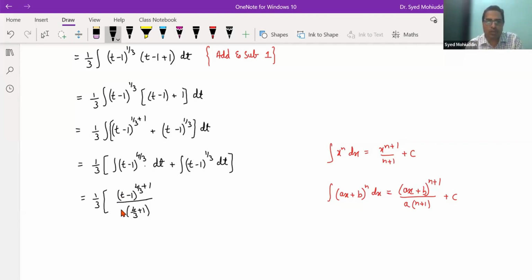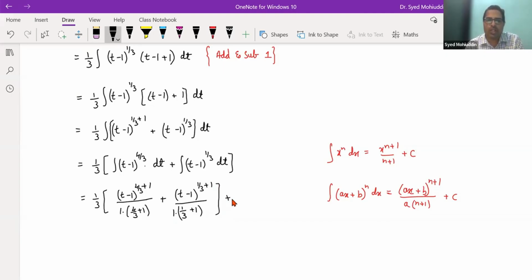The coefficient of t is 1. I've written a here, I'll just write 1 here. Plus, similarly here, it's t minus 1, so t minus 1 to the power of 1 by 3 plus 1 divided by 1 by 3 plus 1. But what is the coefficient of t here? 1. So you can write 1 times.